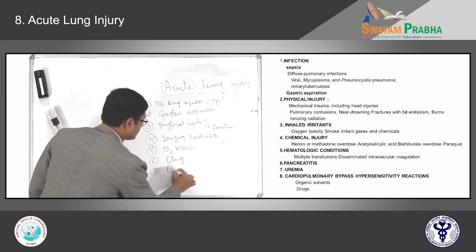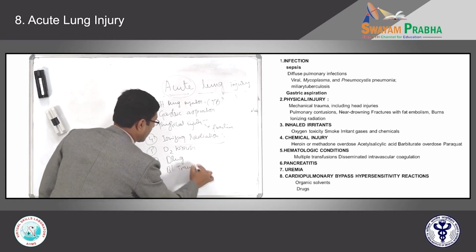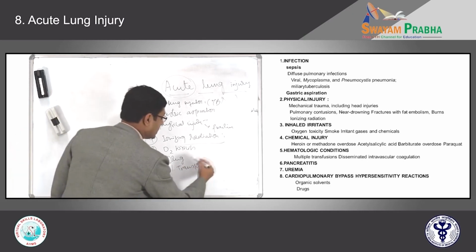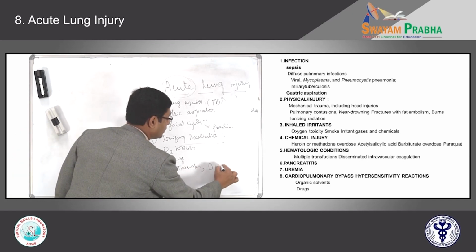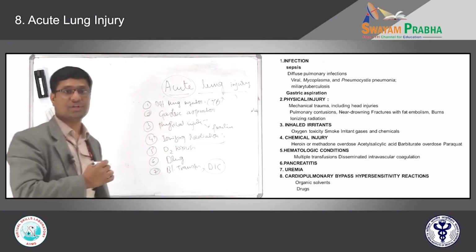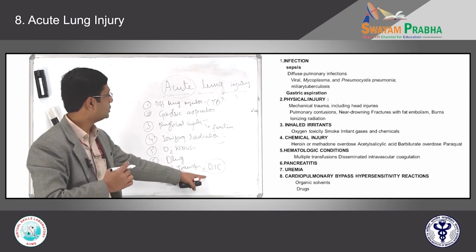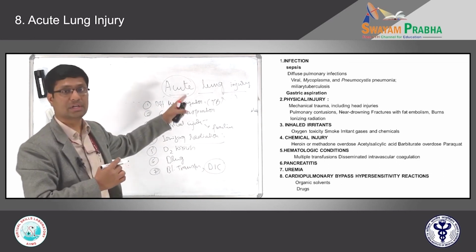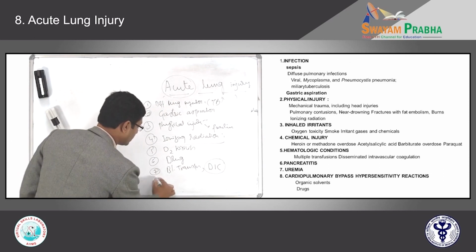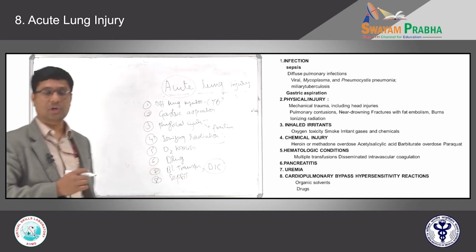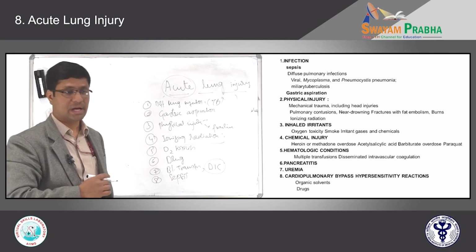Then blood transfusions, multiple blood transfusions, any disseminated intravascular coagulation, DIC patients, because of multiple thromboembolism, all can cause acute lung injury, that is ARDS. In any patient who has severe sepsis, they are also more prone to develop ARDS.